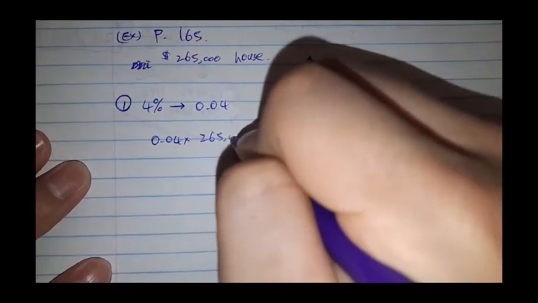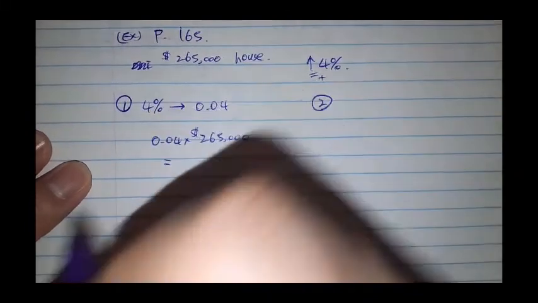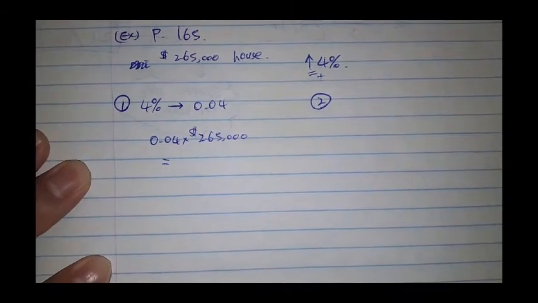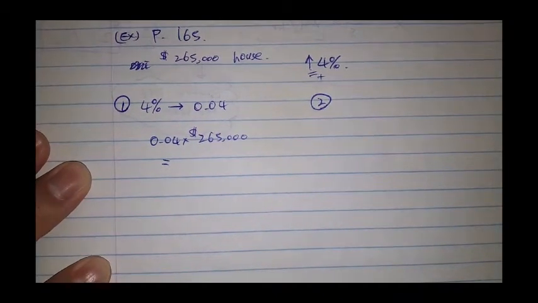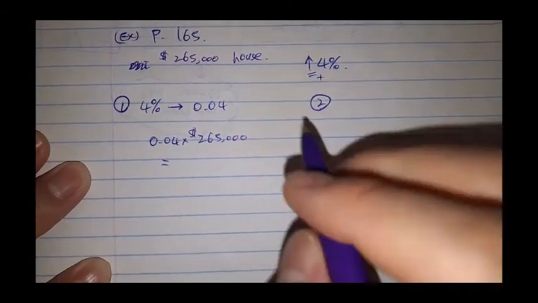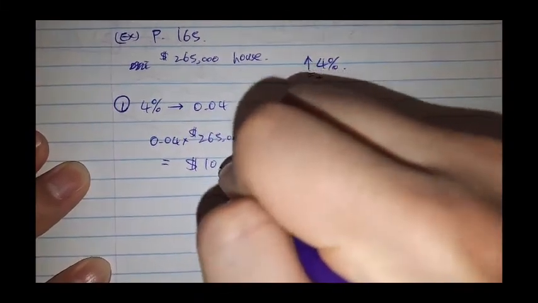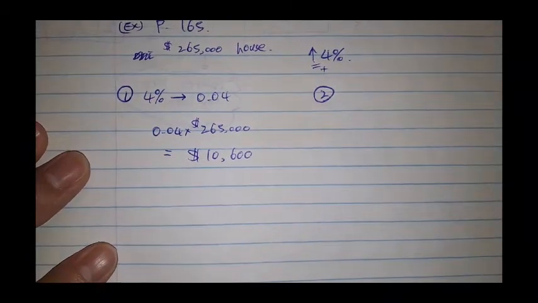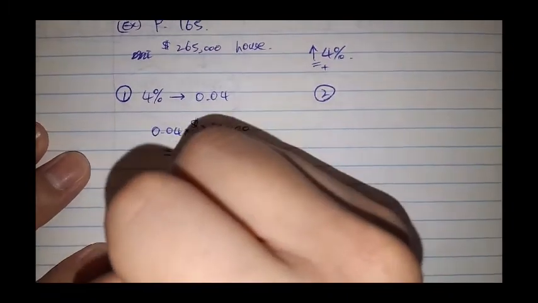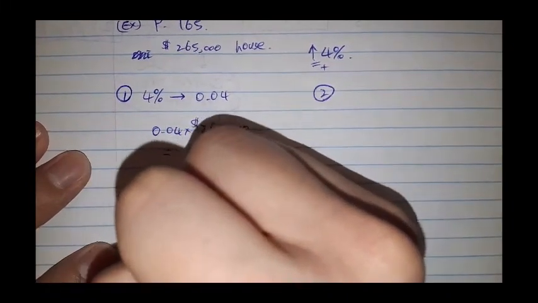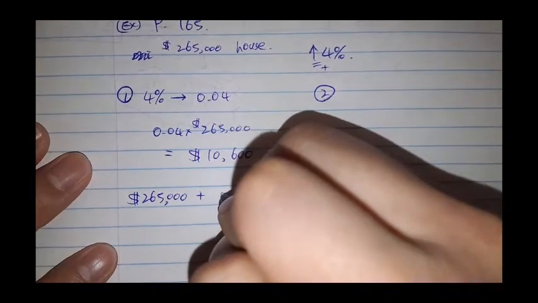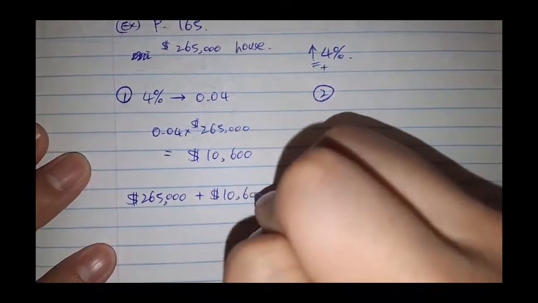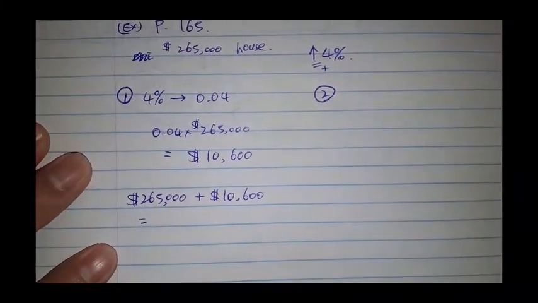Now if I multiply by the original amount, you get how much it increased from its original value. 4% of that 265,000 turned out to be just 10,600. For my next part, from my original value I apply that change. It says it increased its value, so that means addition.